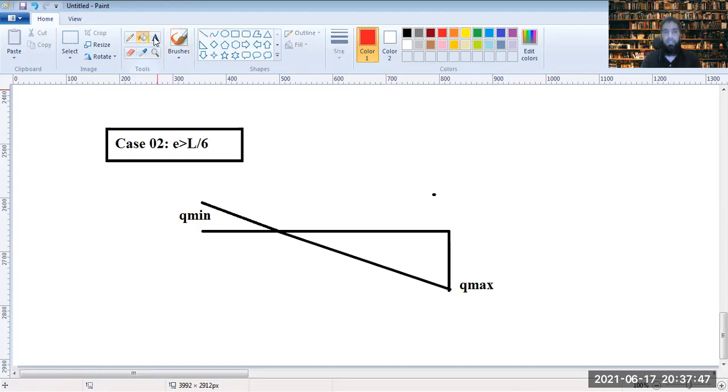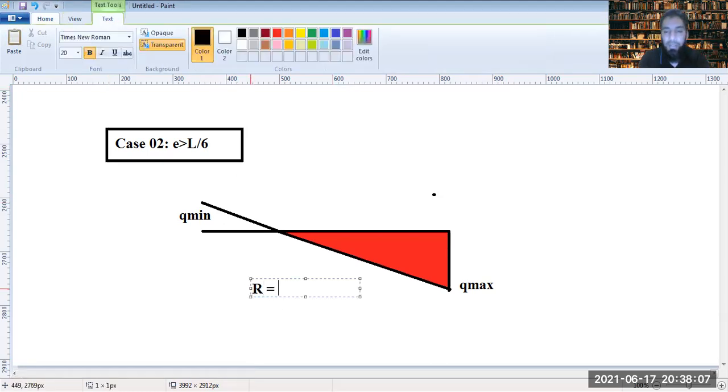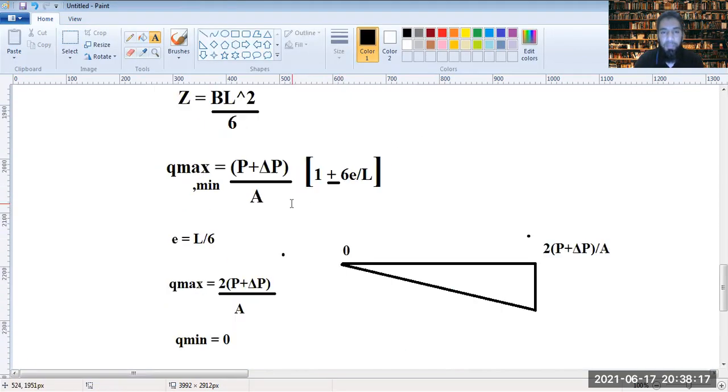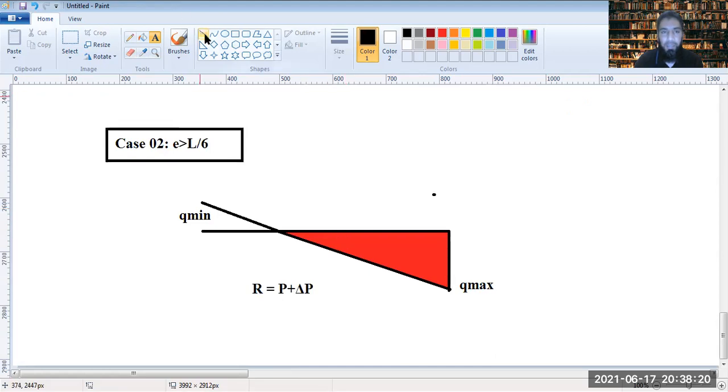So there is a collinear line of action of the resultant soil pressure with the load, and R is equal to P plus delta P. There would be a point on the right hand side at which the resultant R, P plus delta P, is acting.